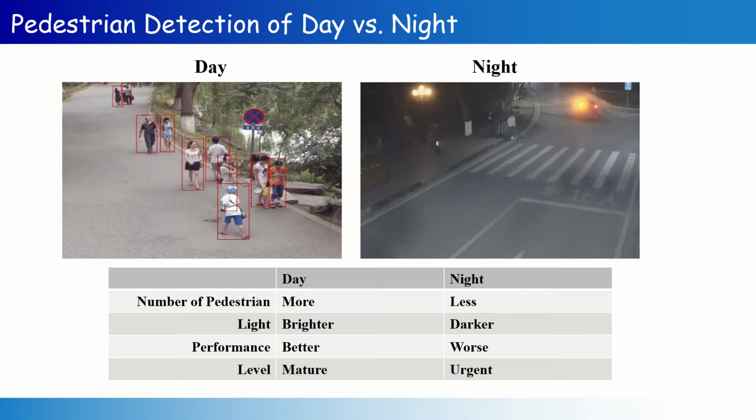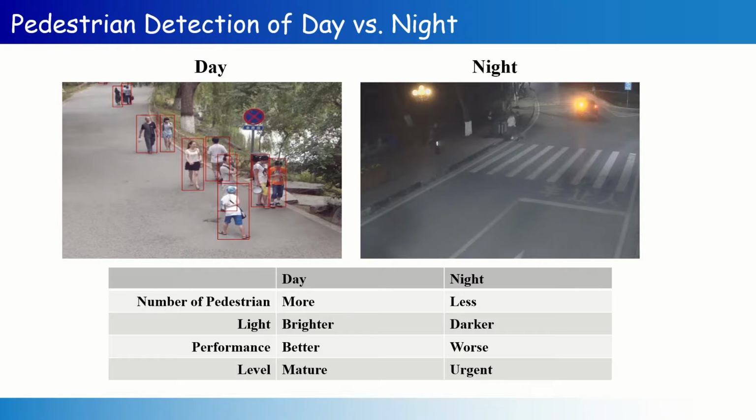Existing research shows that there are big differences between pedestrian detection in daytime scenes and night scenes, which are mainly manifested in four aspects. In terms of the average number of persons in the image, there are more persons in the daytime scene and fewer persons in the night scene.